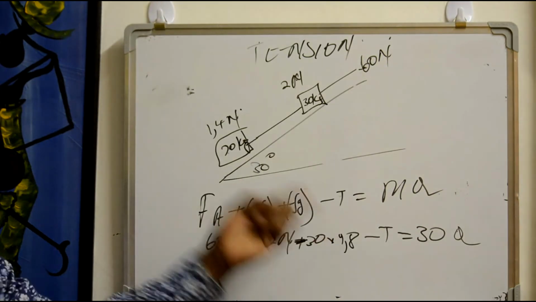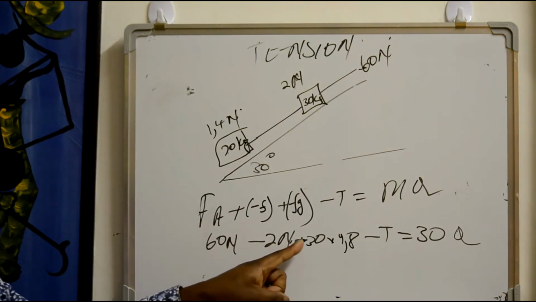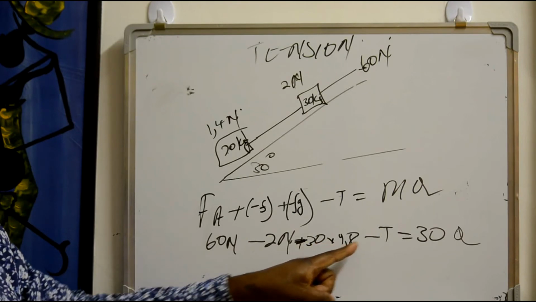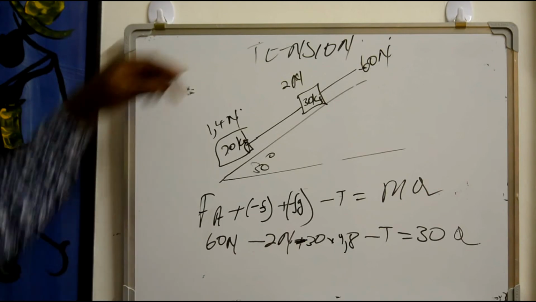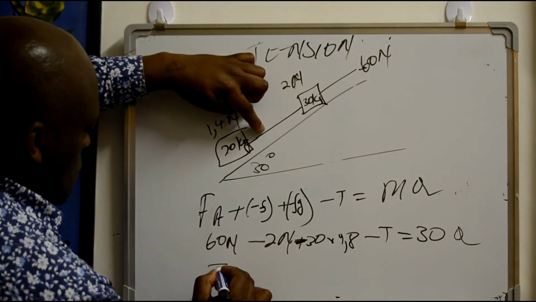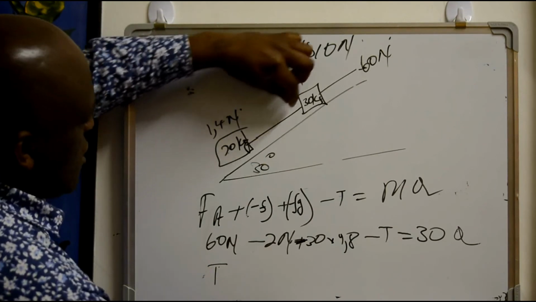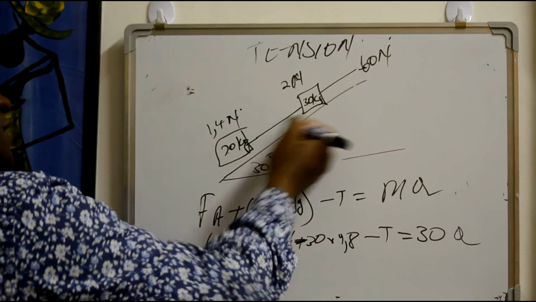That's how you express the equation for the 30 kg: 60 Newton minus 2 Newton minus 30 times 9,8 minus the tension. That is equation 1. Then for equation 2, for the 20 kg, the tension is acting in the opposite direction. For the 30 kg, the tension is acting downward.